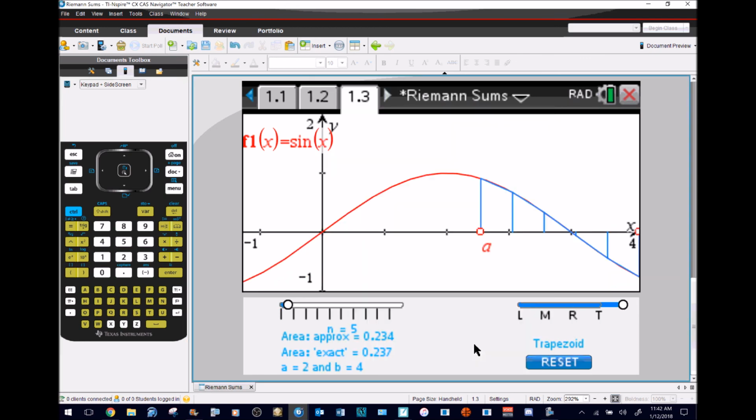Now I have the ability to drag my A to be 0, and then if I can grab this B, bring it back to where it's equal to pi. And let me think here for a second.